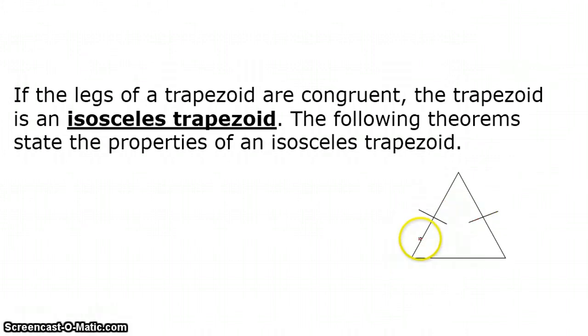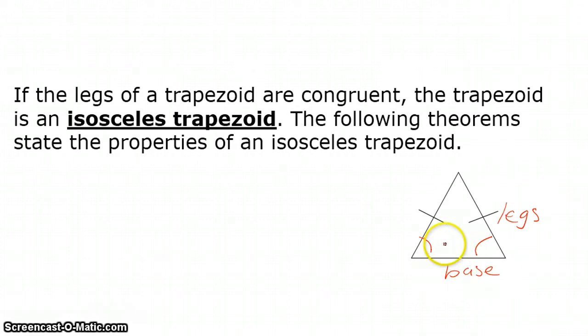Well, if we have at least two sides congruent, we know then that our base angles are congruent. So I'm going to draw those in, and we call these our legs. So there's vocabulary that we saw here in the trapezoid, and our base angles, and we know this is our base.